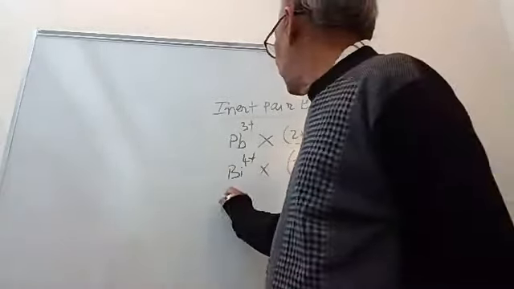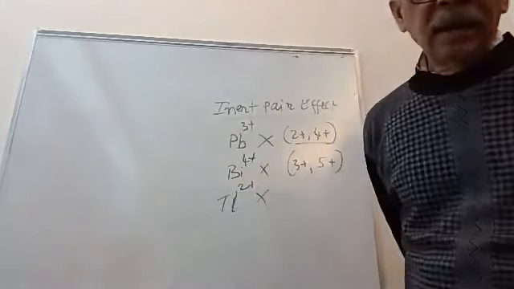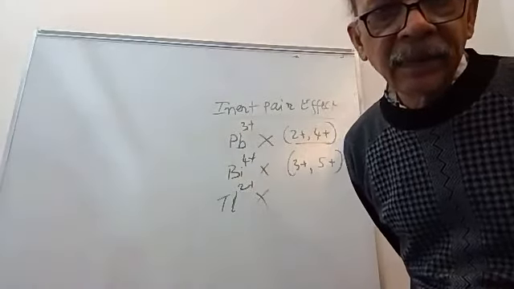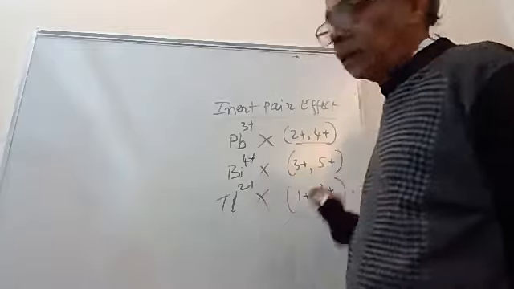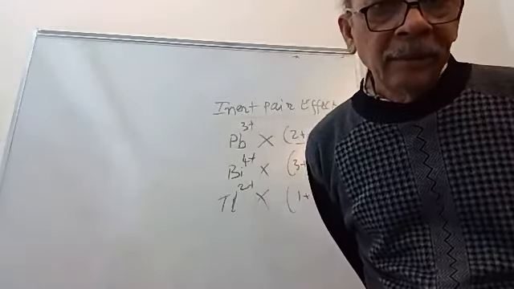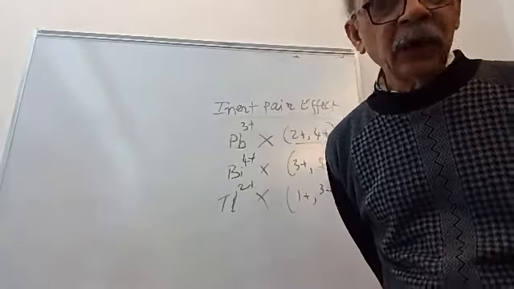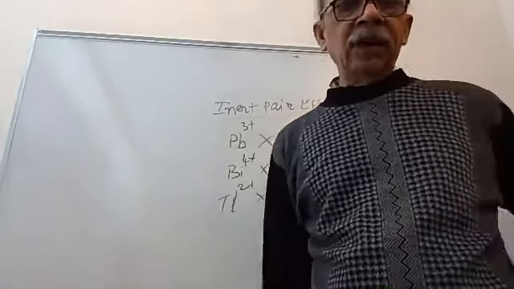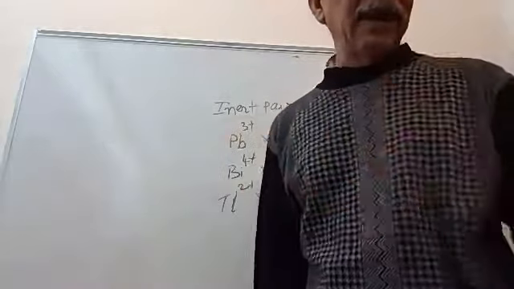Same thing with thallium. Thallium 2 plus, never seen. Thallium can be 1 plus or 3 plus. That's true with indium too. Indium, which is an element above thallium, can exist either in a +1 or a +3, but never in a +2 state.